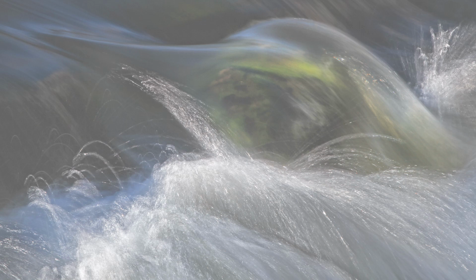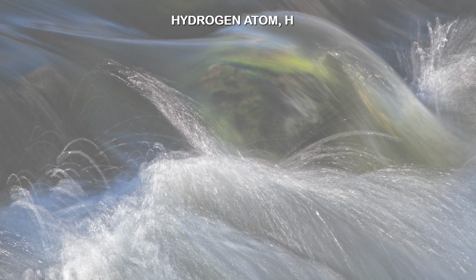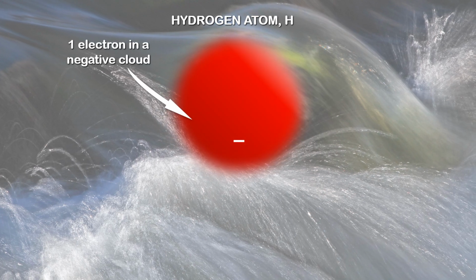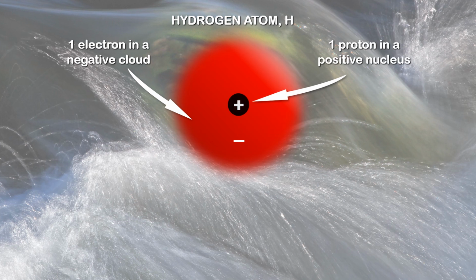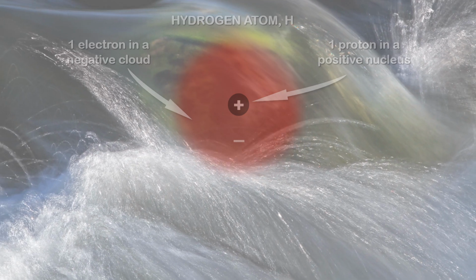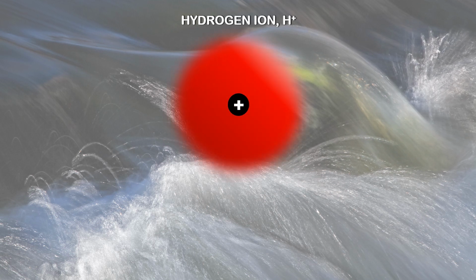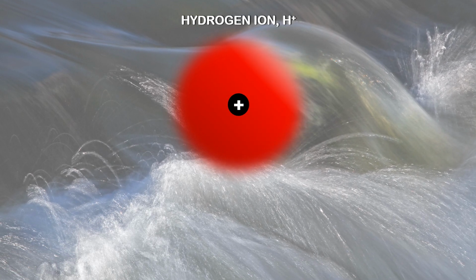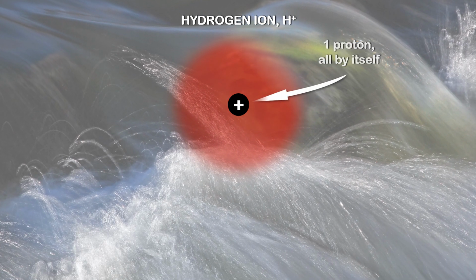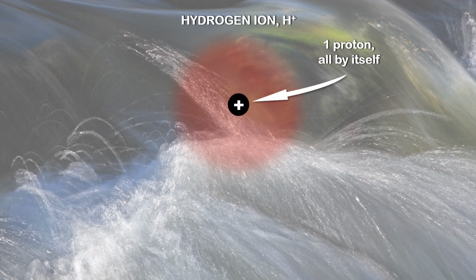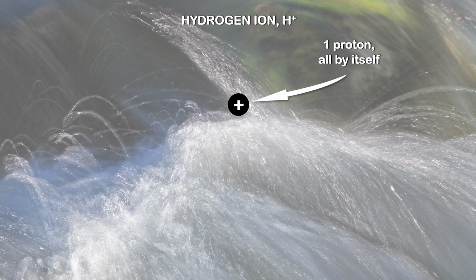As described before, the hydrogen atom consists of two charged units, a negative cloud of just one electron surrounding a positive nucleus consisting of just one proton. A hydrogen ion, H+, is dramatically different from a hydrogen atom, H. It still has the one positive proton, but has lost its only electron by ionization.